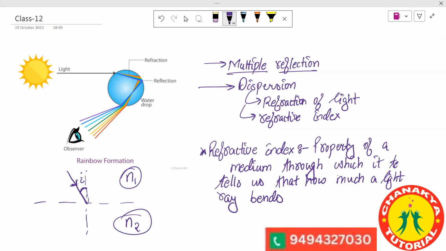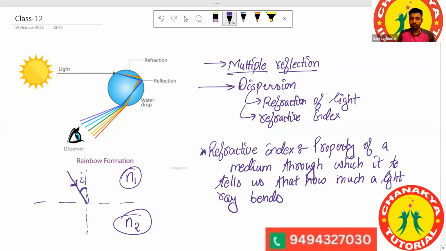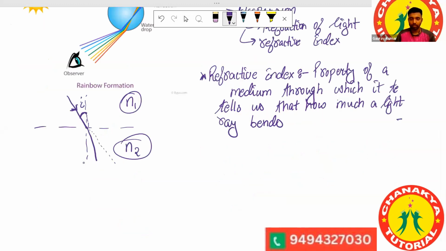And this ray is the incident ray. So when it enters the medium, instead of going in the straight path, it bends a little bit. This is the property of a medium which tells us how much the light bends. Let's take one more example in which n3 is greater than n2.